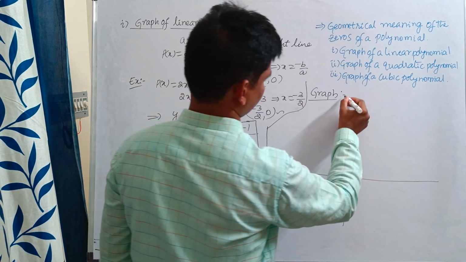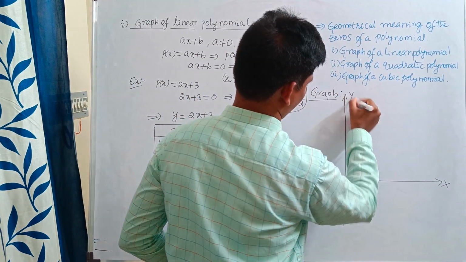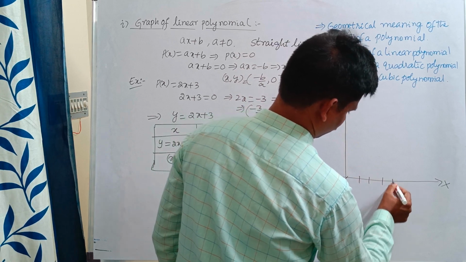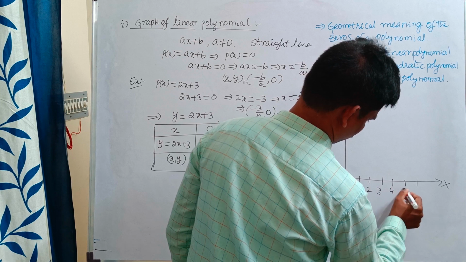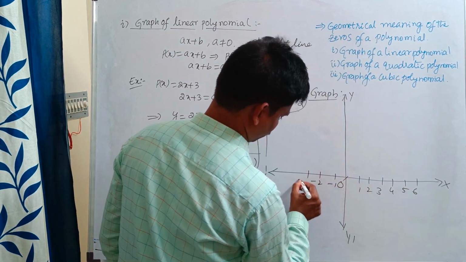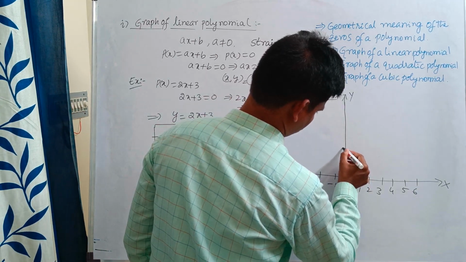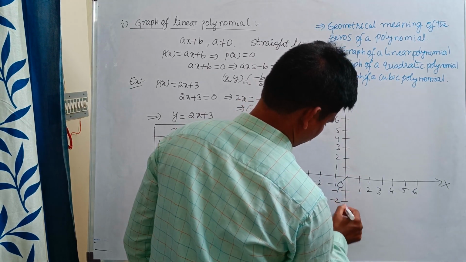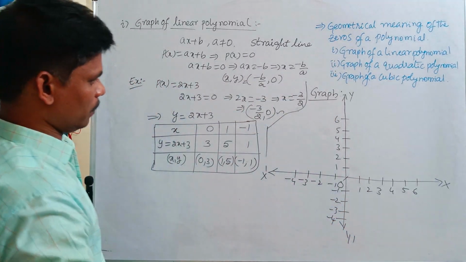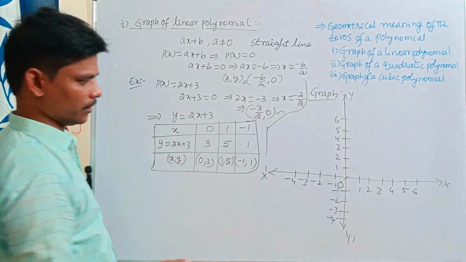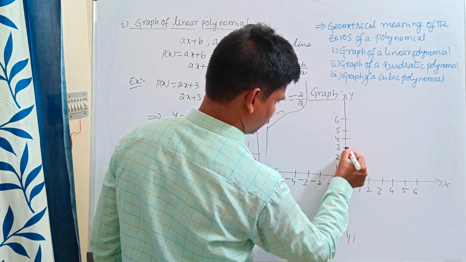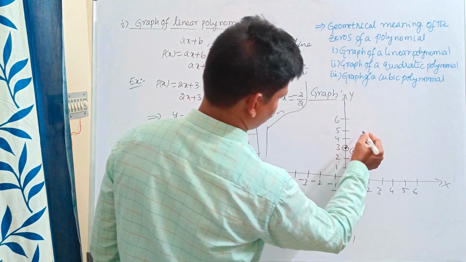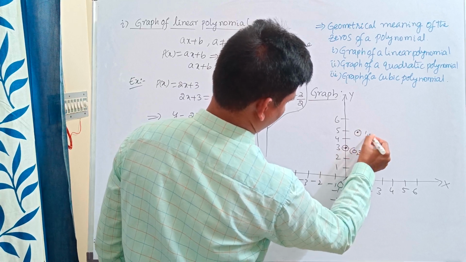Take the graph with the x-axis, y-axis, x dash and y dash, marking the positive and negative values on each axis. The first point is 0 comma 3. Next, 1 comma 5.